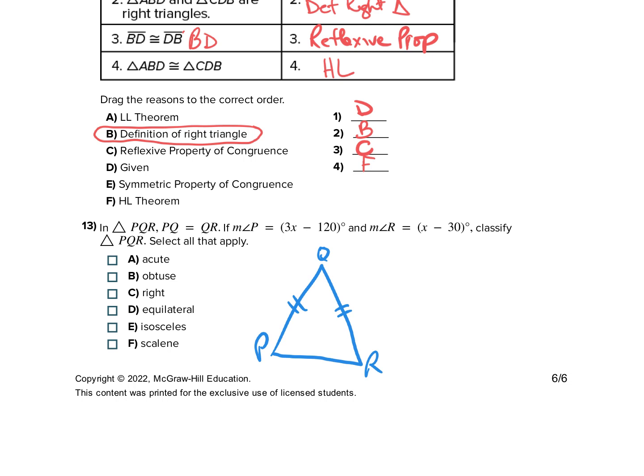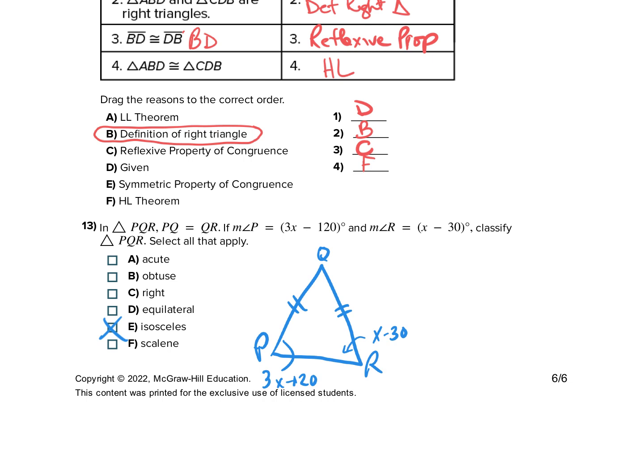Angle P is 3x minus 120, and angle R is x minus 30. Classify the triangle PQR. Well, just by looking at this, because PQ is congruent to QR, by definition, this is an isosceles triangle.